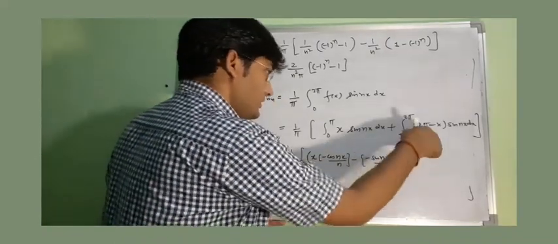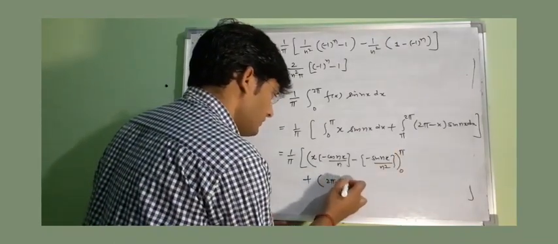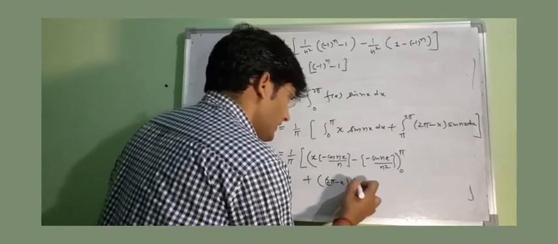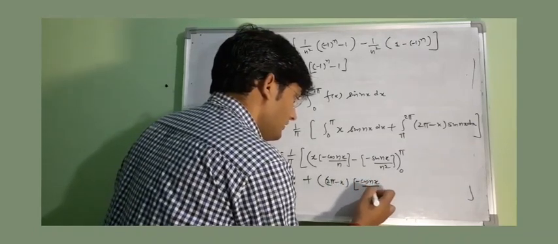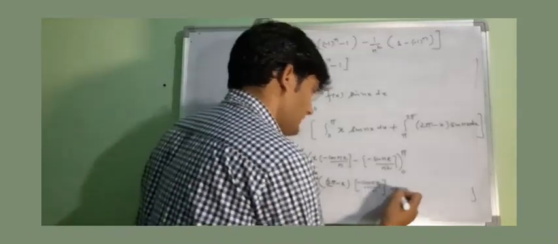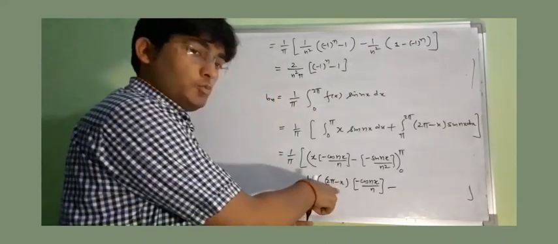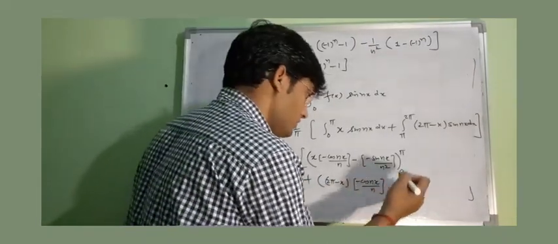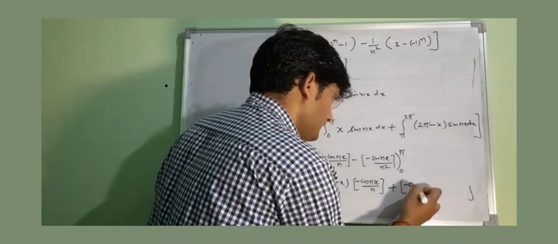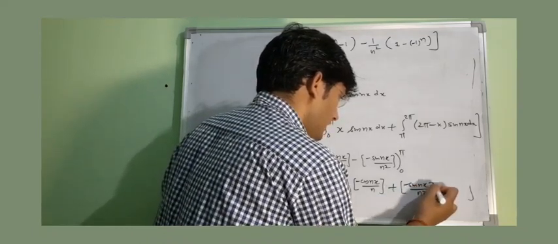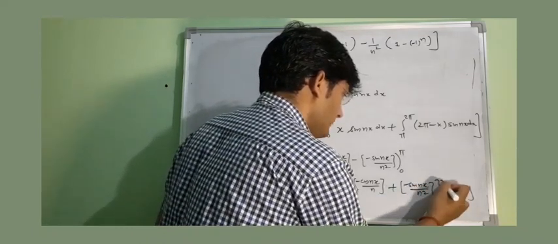Again at this point we will have 2 pi minus x, then integration of sin nx will be cos nx upon n, then minus sin, and here the differentiation of 2 pi minus x will be minus, so this is your plus, and again sin nx upon n square, and the limits from pi to 2 pi.